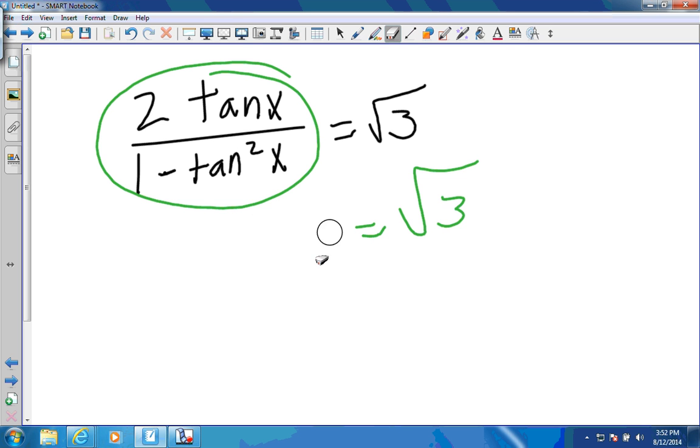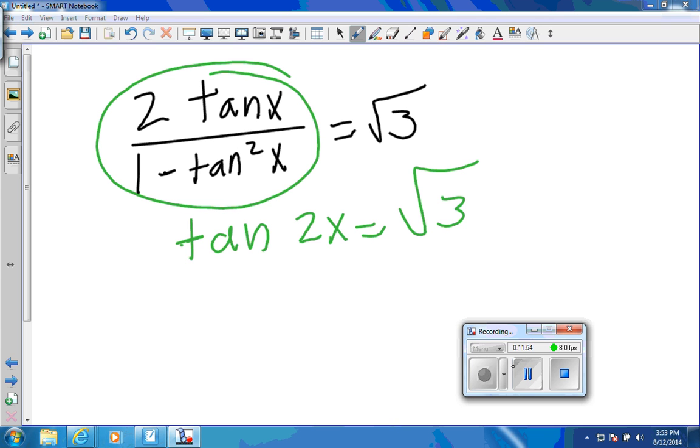It's not 2 tan x, it represents tangent of 2x. Yes, so 2 tan x over 1 minus tangent squared of x is the same as tangent of 2x.